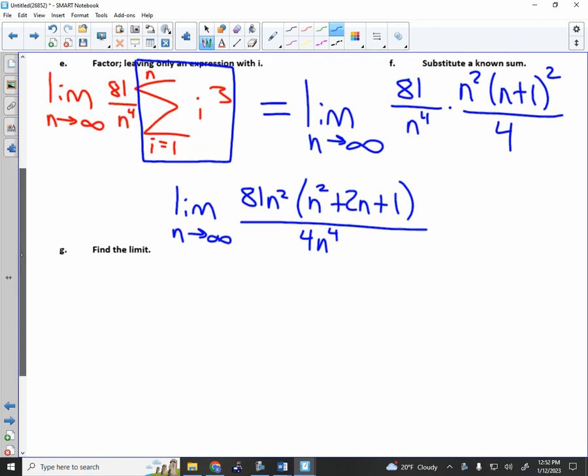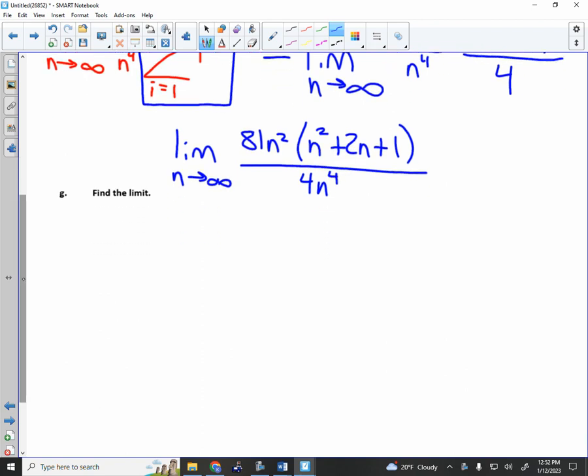If you want to, you could choose to get rid of the n squared and the n to the fourth right now if you want. Do you want to reduce that right now? If you would rather just multiply it out, you can, or you could start to cancel some things right now. So that's fine. So I'll write it as the limit as n goes to infinity of, we know that that's going to cancel with 2 of those.